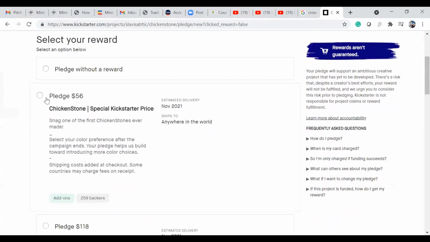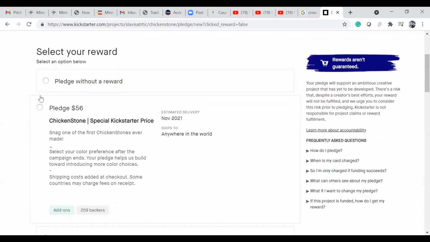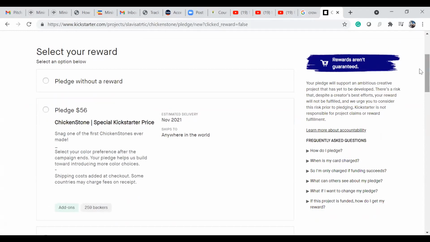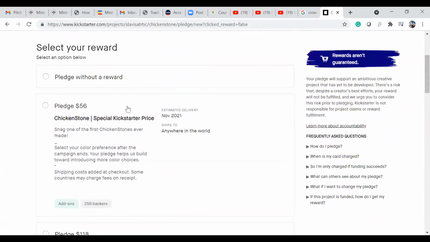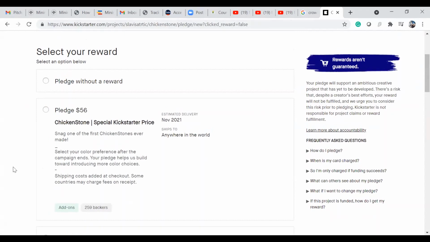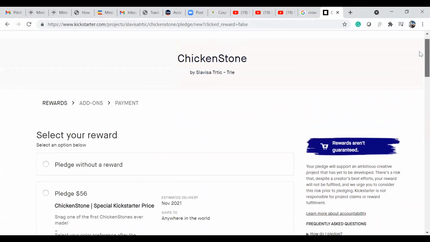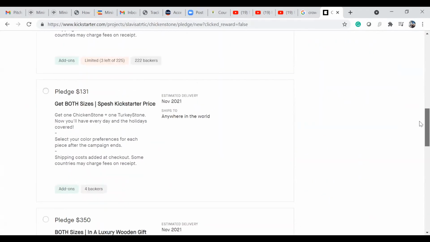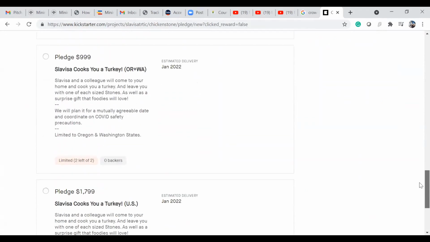If you click pledge 56, you will be asked for your credit card already, meaning you will be paying in advance. I cannot proceed because I was probably not logged in.